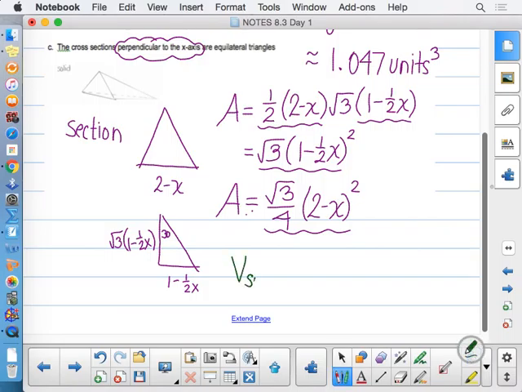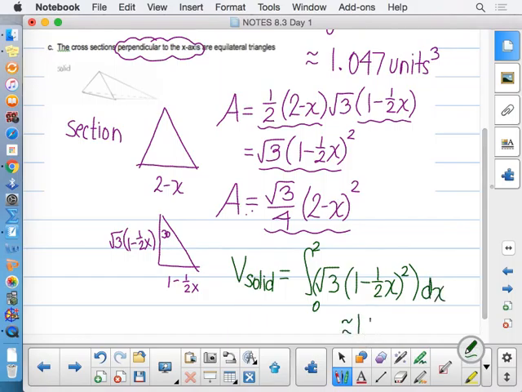So the volume for that entire solid is the definite integral from 0 to 2 of, and whichever one of the two you prefer, square root of 3 times the quantity 1 minus half x squared, again, make sure you've got your differential, and that's going to come out around 1.155 cubic units.